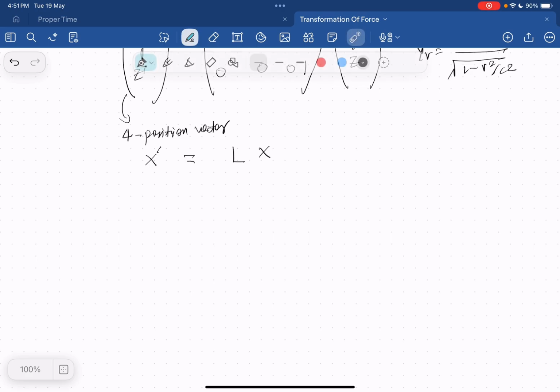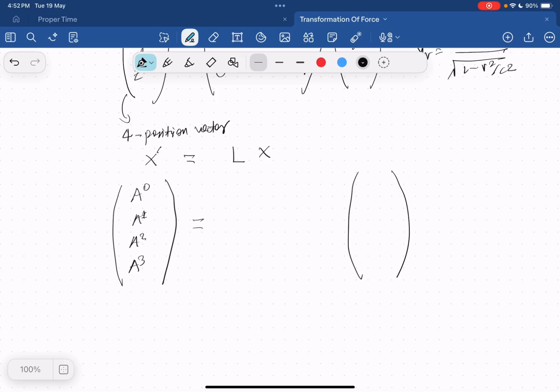So if you have a set of four quantities a0, a1, a2, a3, and you are looking at this quantity in two frames, in one frame S and in another inertial frame S prime, then suppose these are the quantities in the prime frame, and the corresponding column vector in the unprimed frame is this.